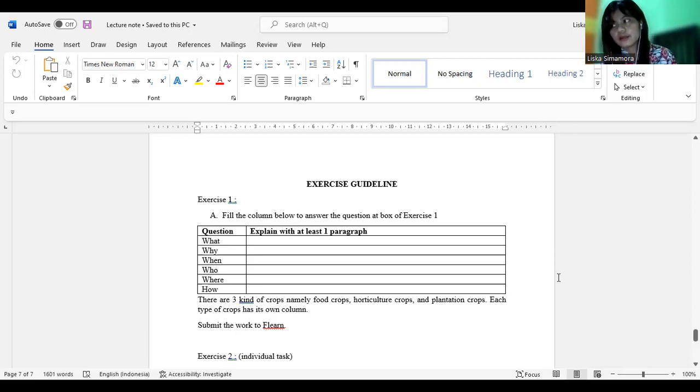Like food crops, just like rice field, you can go to rice farmers. And horticulture crops could be vegetables or flowers, and for plantation crops, you can go to tea plantations, tea farmers, or oil palm farmers.